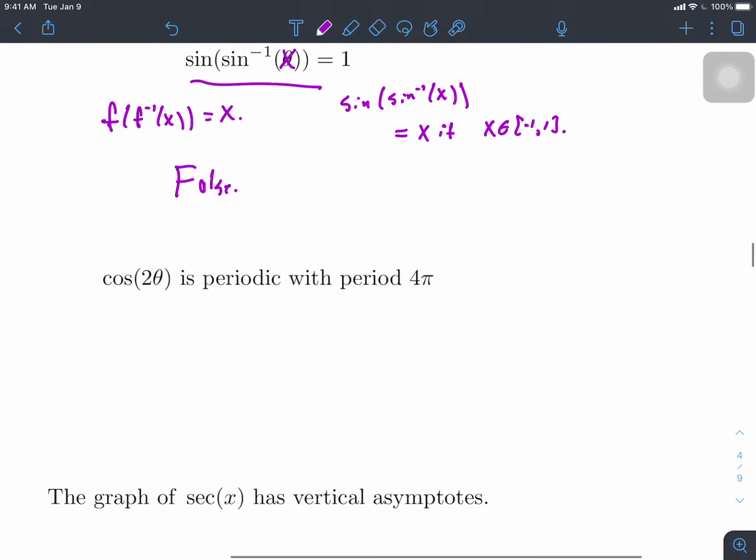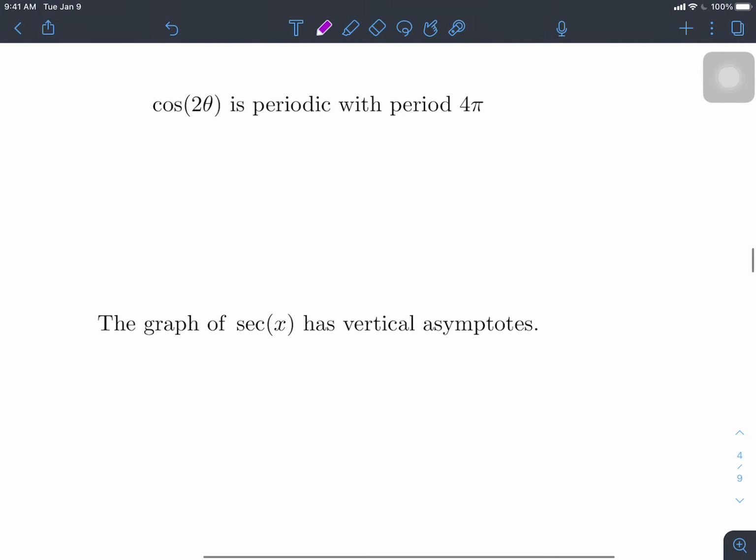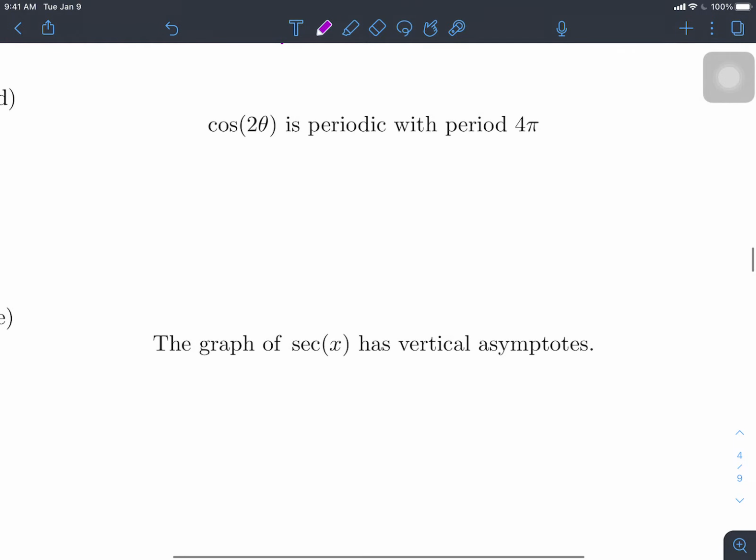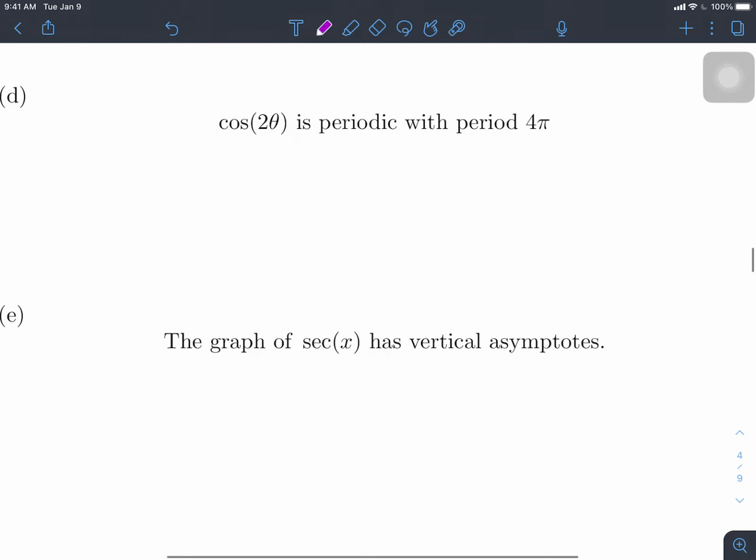Okay, so next up we've got: cosine of 2 theta is periodic with period 4 pi. Here's what I know. Cosine of theta is 2 pi periodic.